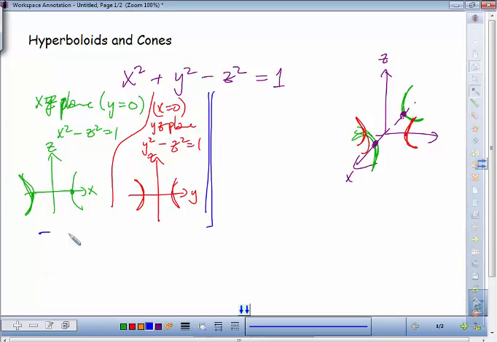The other part that's revealing is what happens on the xy plane and any other levels that are parallel to the xy plane. On the xy plane, when z is equal to 0, I get x squared plus y squared plus 0 equals 1. So that's a circle.